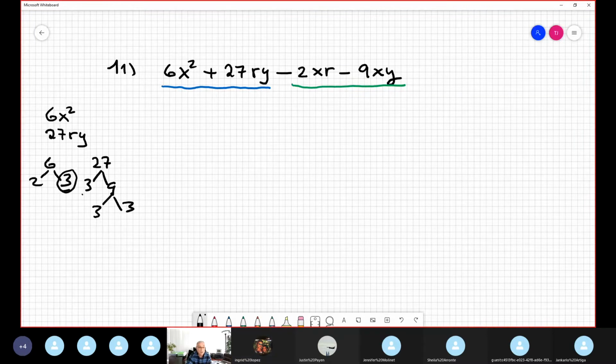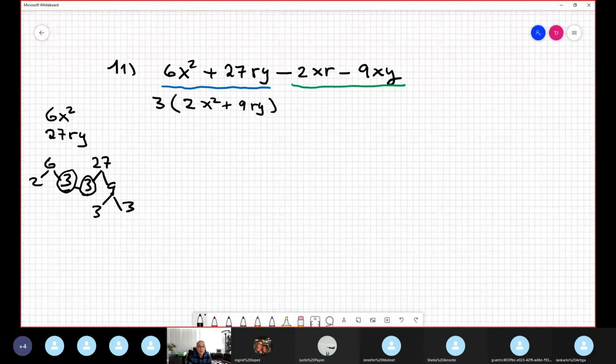Okay, you need to analyze everything. Numerical part first. Break it down. 3 is a common factor, and in the variable part we have no common factor. So, I don't know if this is good or not. I try. So I factor out 3, and inside the parentheses stays 2x squared plus 9ry.